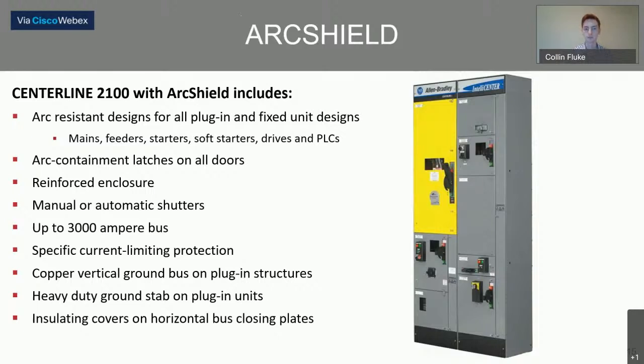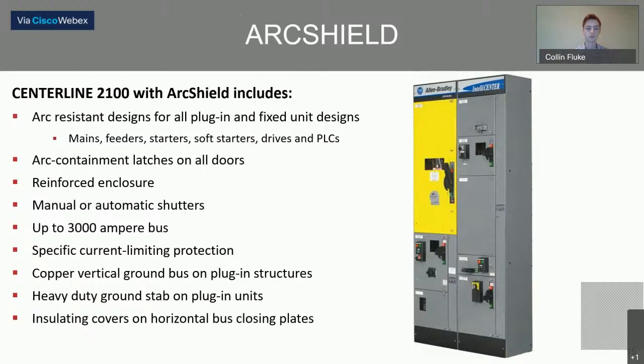We can paint the door yellow for easy identification of the main breaker. We have reinforced enclosures, so the steel is thicker throughout the entire MCC. The hinges on the door are actually spring-loaded. So in the event of an arc blast, there's quite a release of gases, and those gases can actually push the door out, and those springs will allow the door to open slightly for the gases to release, and then we'll close the door upon the release of the gases.